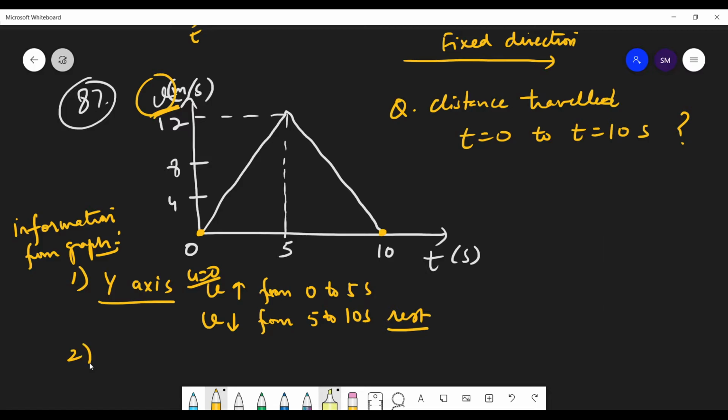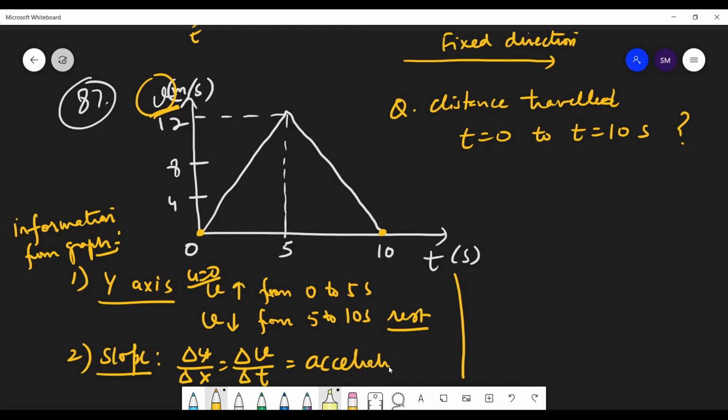Second, slope. What is the slope of this graph? Slope is change in y-axis upon change in x-axis. The y-axis is velocity, so it is change in velocity upon change in time. Slope is acceleration. The third thing that a graph tells us is area.